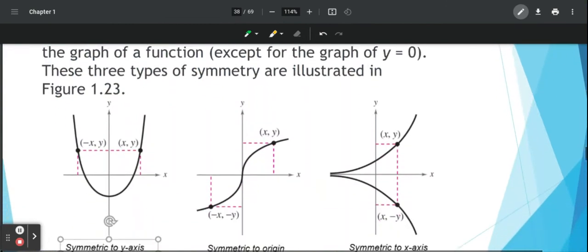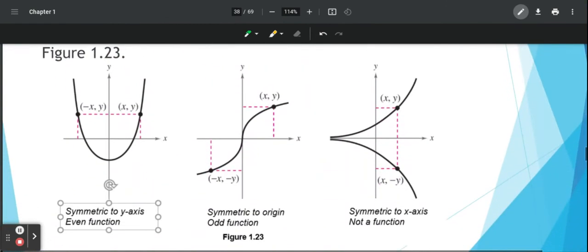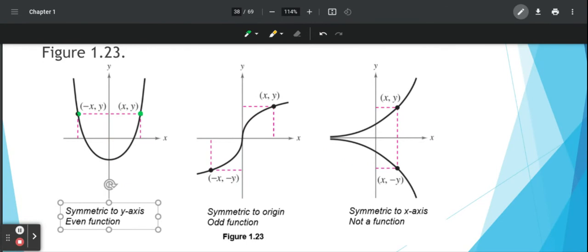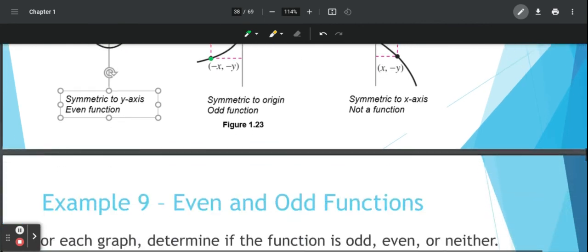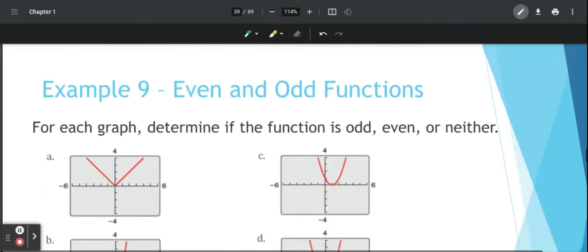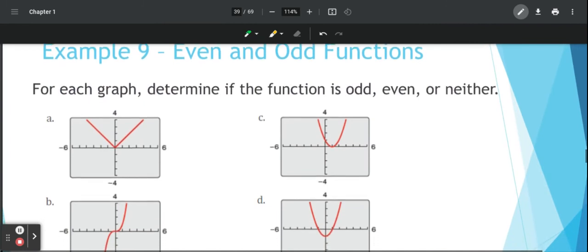So if you look at these three graphs, the first one here, this point (x, y) reflects over to this point here, so that would be an even function. This point would reflect over around the origin, so that would be the odd function. And then the last one is when you have that reflection symmetry across the x-axis and it's not going to be a function. So we're just going to determine even and odd here.